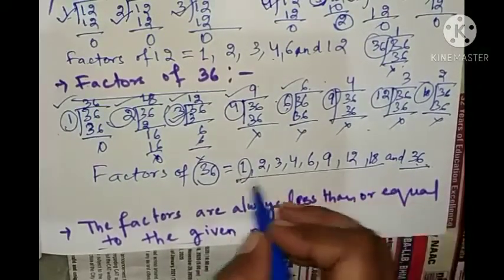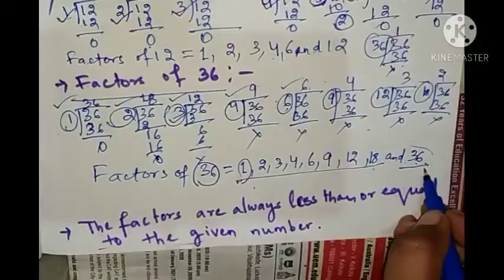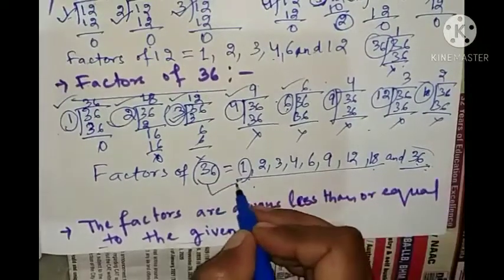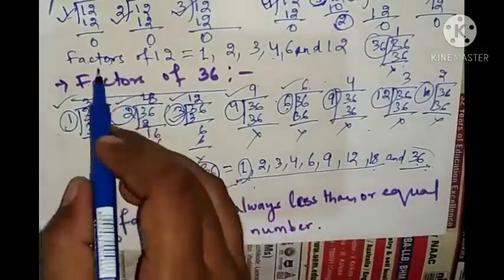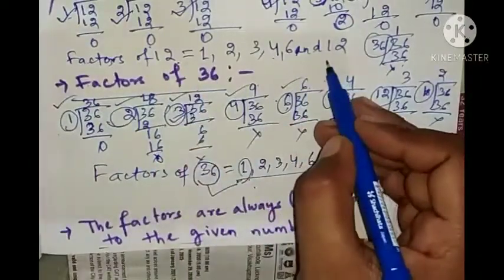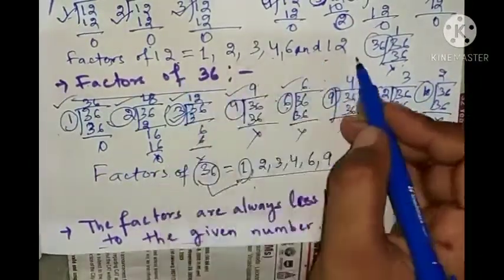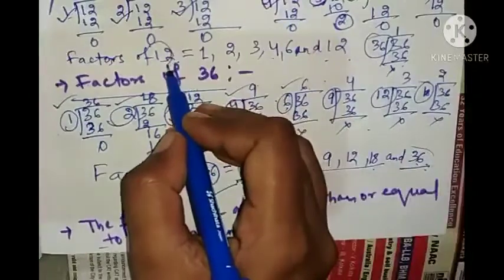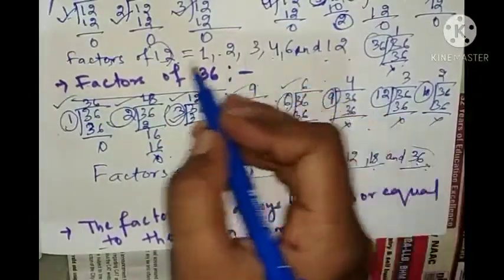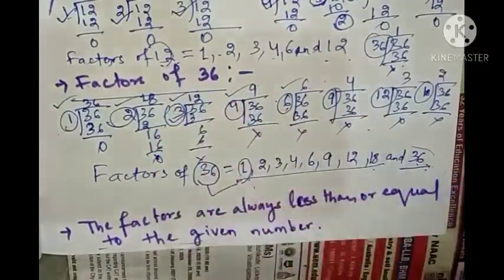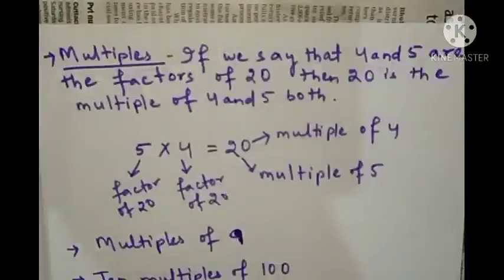All except 36 are smaller than 36. Similarly, in the factors of 12, the greatest factor is 12 itself and the others are less than 12. So this is about factors.